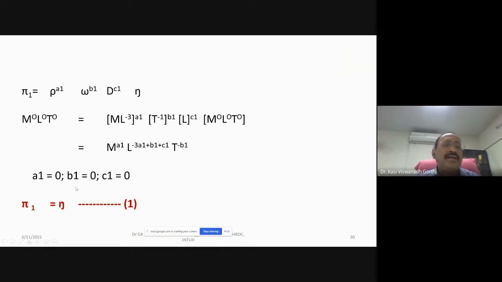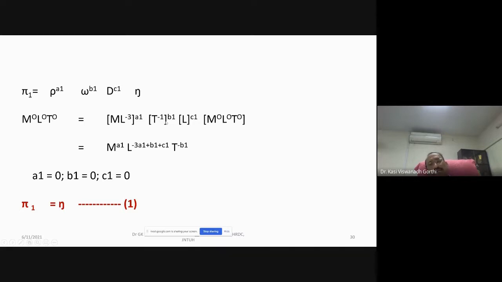So when you solve this, you may note one very interesting point. Pi1 is equal to rho to the power A1, omega to the power B1, D to the power C1, into eta. Start writing the dimensional formula for this. Pi1 dimensionless term, M power 0, L power 0, T power 0. Rho mass density, M L to the power minus 3 to the power A1.